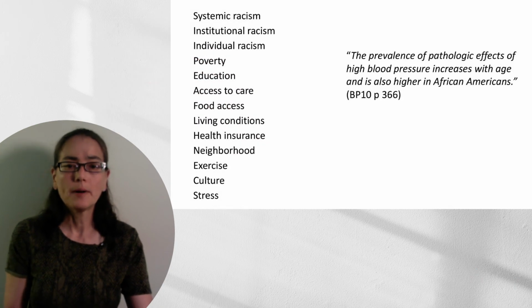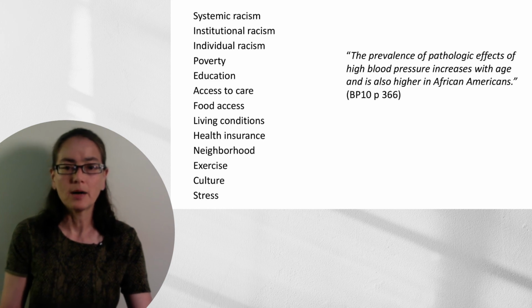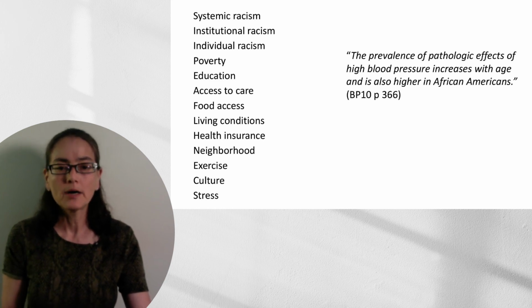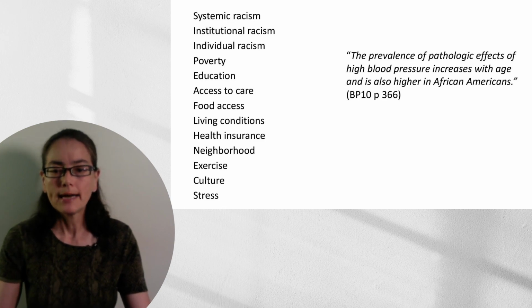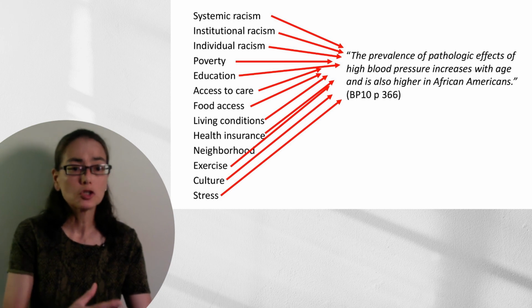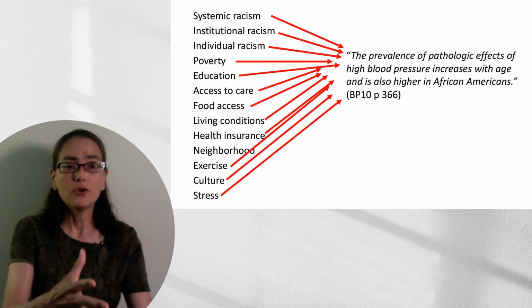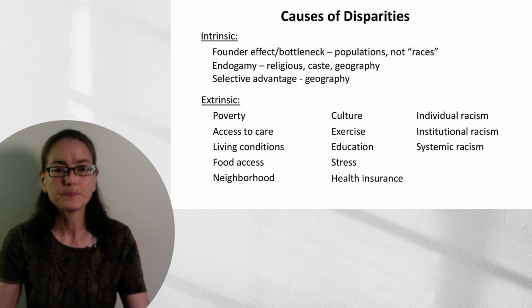And then if we talk about high blood pressure, so this is a statement from Robbins Basic Pathology, 10th edition, which recognizes the prevalence of pathologic effects of high blood pressure in African Americans. Now think back to that heat map I showed you earlier, and I would say really that all of these come into play, right? So stress, anxiety, food, education, racism, all of these come into play.